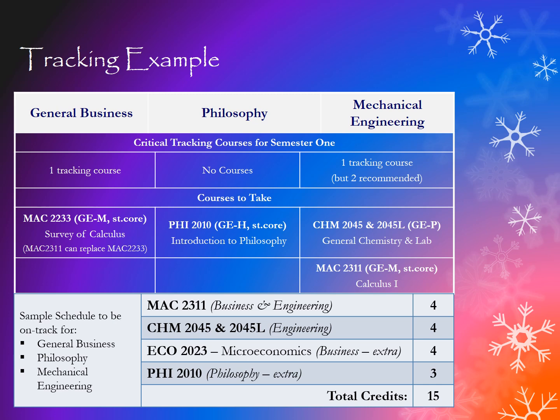And then we've got PHI 2010, which is going to help with philosophy tracking, but again, for term 1 is also extra. So we've got 15 credit hours, which is a manageable course load, 12 to 15 hours for a first semester student. And we've got 4 classes, or really 5 if we include the lab, that help us get up to term 1 tracking, if anything, get ahead, possibly even with term 2 tracking for all 3 of these very different majors.